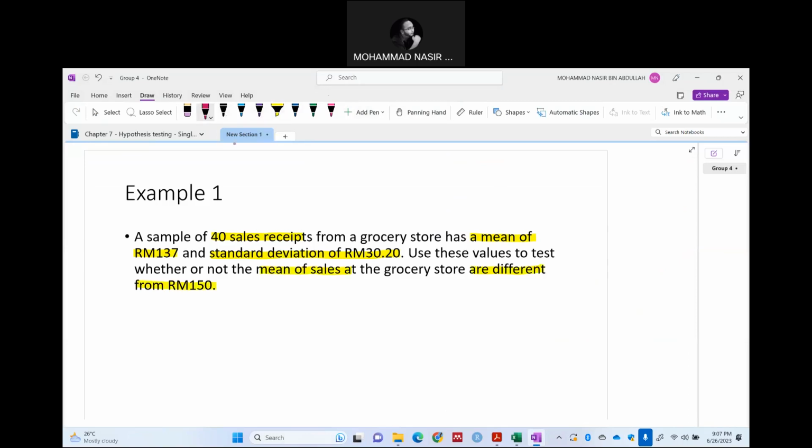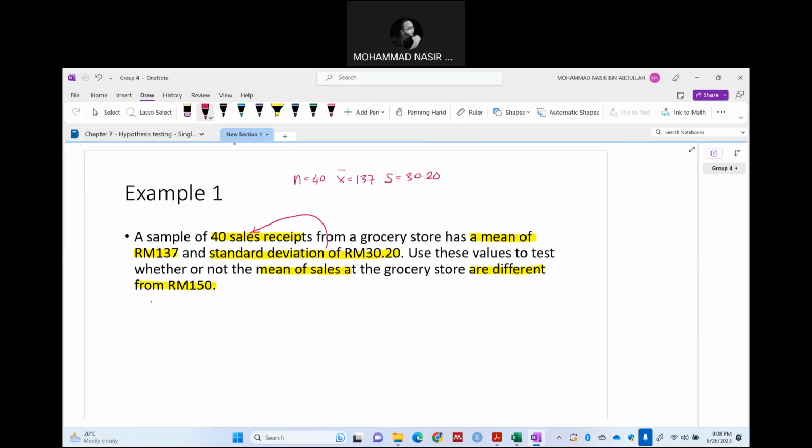So in this example, we have n equal to 40, x bar equal to 137, and the standard deviation, which comes from 40 sales receipts, so this is a sample standard deviation, 30.20.